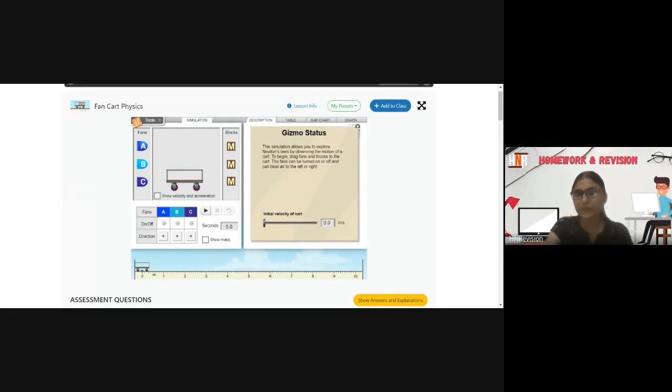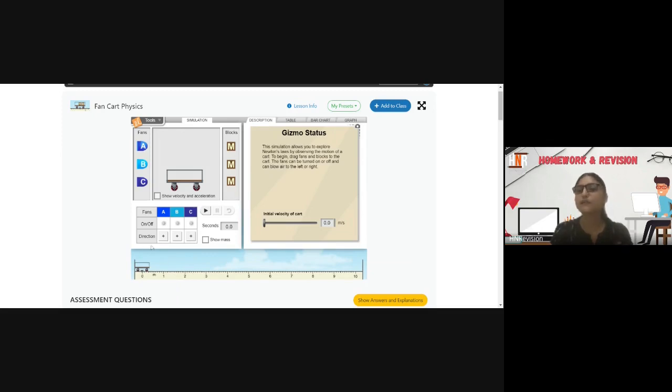No, ma'am. It won't move. To pick it up or to change its position, we need to put a force on it, right? Similarly, over here, this cart is not going to move by itself.